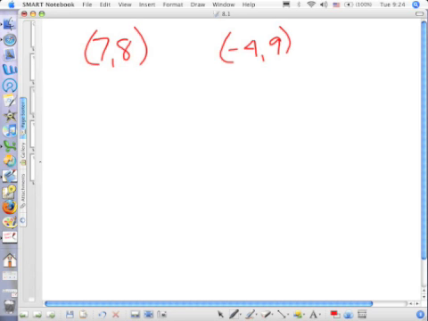I suggest that you write the distance formula the first few times, every single time, and that'll help it stick in your brain. And actually say it to yourself as you're writing it. It's a memorization technique.